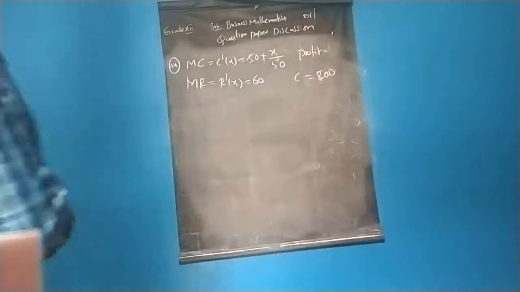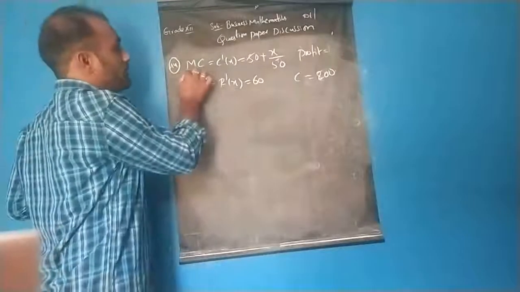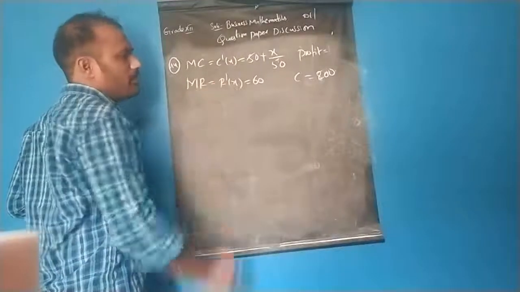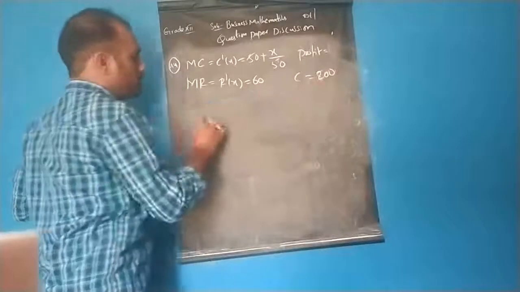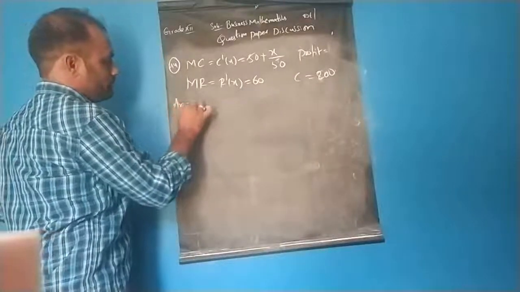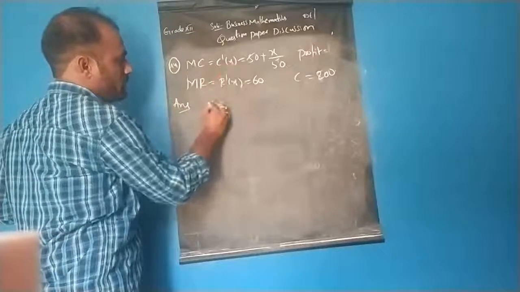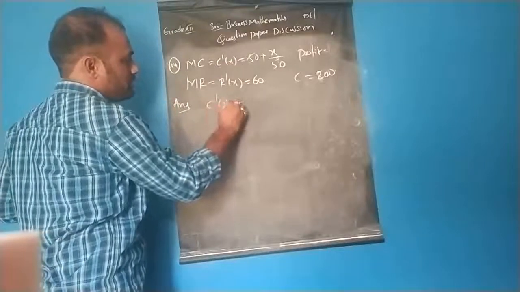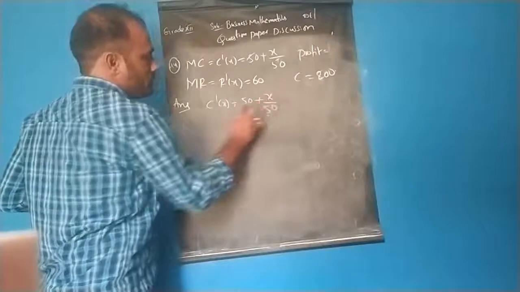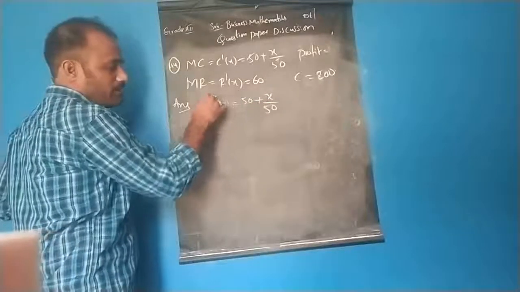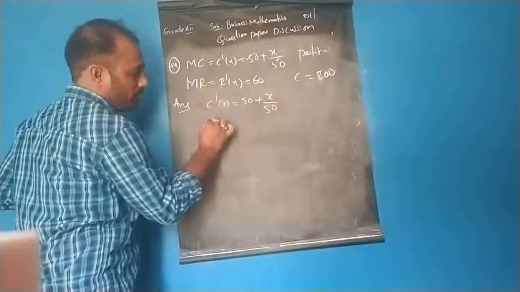Next, let us see the 44th question. In the question he has given marginal cost and marginal revenue. We need to find out the total profit. So fixed cost is 200 rupees. Since he has given a marginal cost, that is c dash of x is equal to 50 plus x by 50. So if this is a differentiation, if I transpose it to the other side, it will become integration.